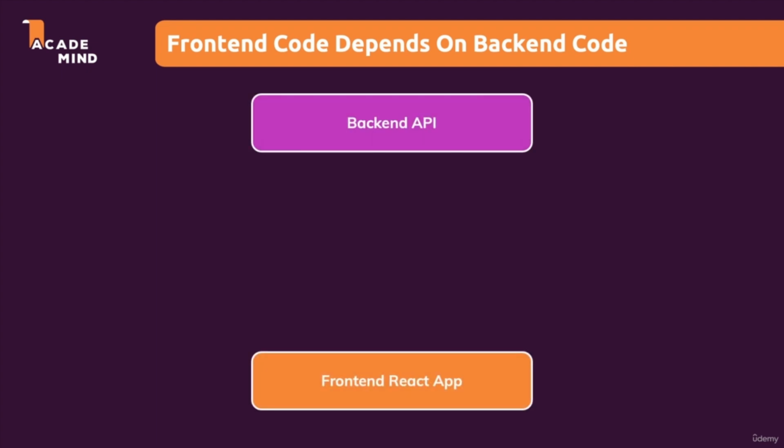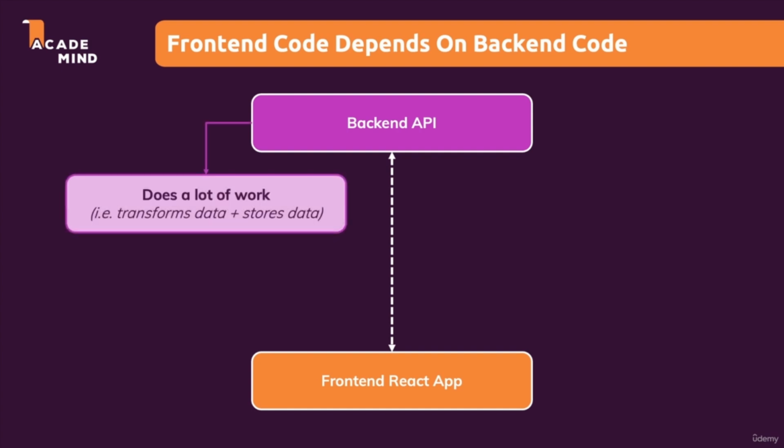Because we of course have our backend API, our backend server, talking to our frontend application with help of these HTTP requests and the responses which we send around. Now, if we had a backend API that does a lot of work, so that does not just store incoming data but also transforms it, then our frontend application could do less work.